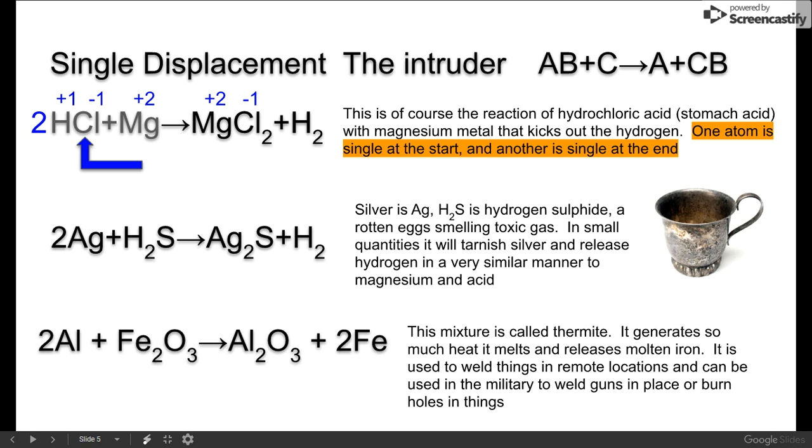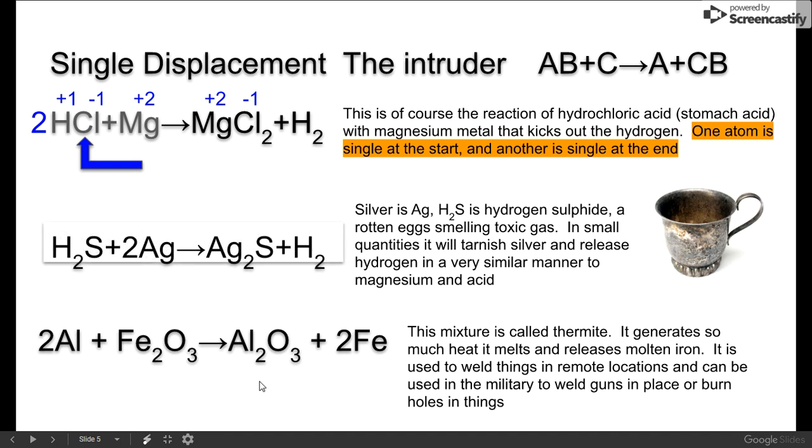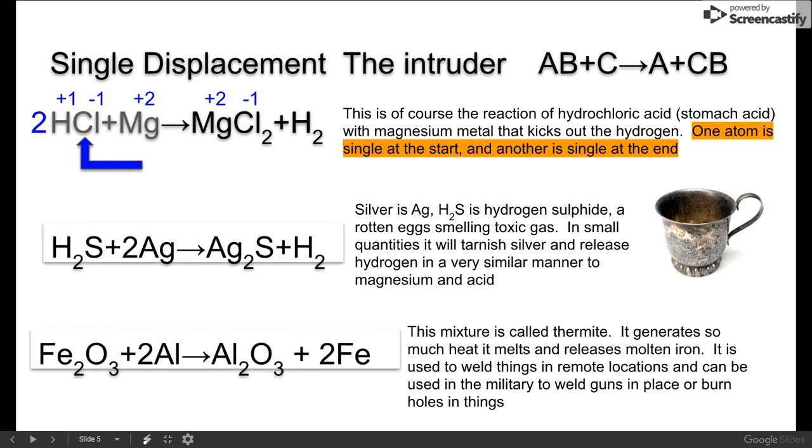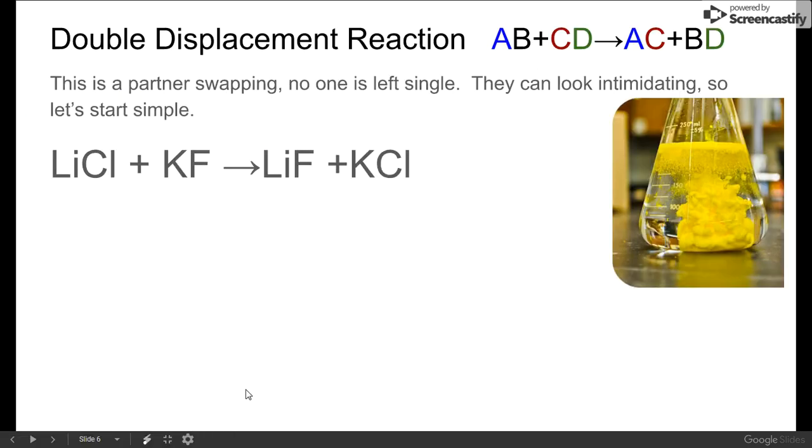It's a phenomenal way of sort of like welding with an explosion. You can also use it to destroy things like tanks and enemy artillery quite effectively. So we've got to definitely look at the thermite reaction. When I balance them, they look a bit nastier.